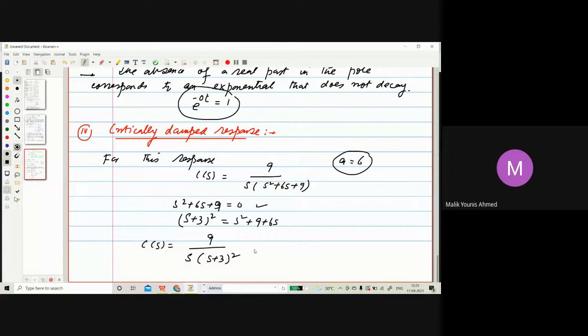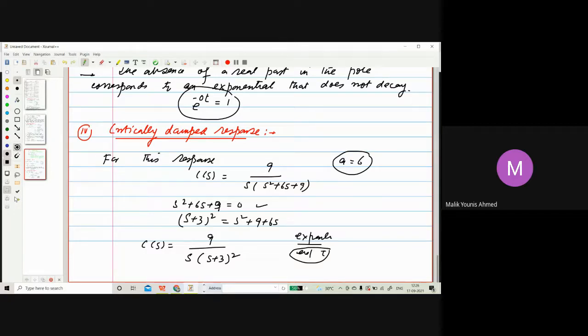The input pole at the origin will generate a constant force response. And the two poles on the real axis generate a natural response consisting of an exponential and an exponential multiplied by time. Now the imaginary part is missing. So one will generate an exponential, and another will also generate an exponential, but that will be multiplied by time, where the exponential frequency is equal to the location of the real pole, that we already know.